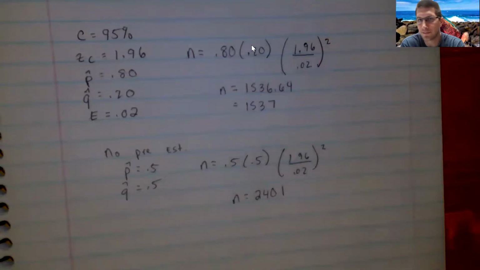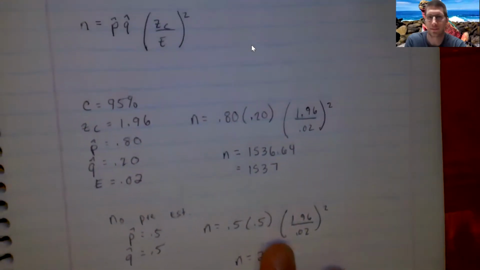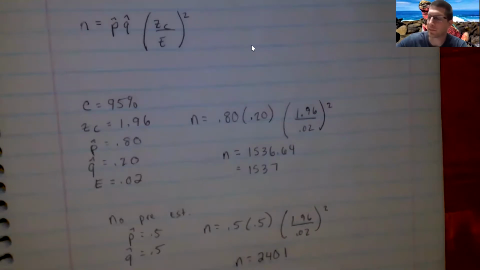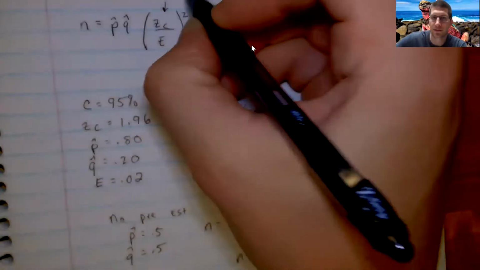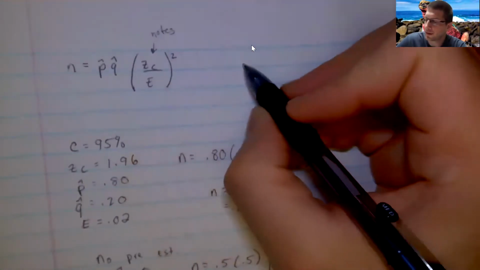So that's finding the minimum sample size using population proportion confidence intervals. We have this formula that's in your notes. Make sure you get that down. And remember that the z-scores come from your notes, right? But you can also find them.